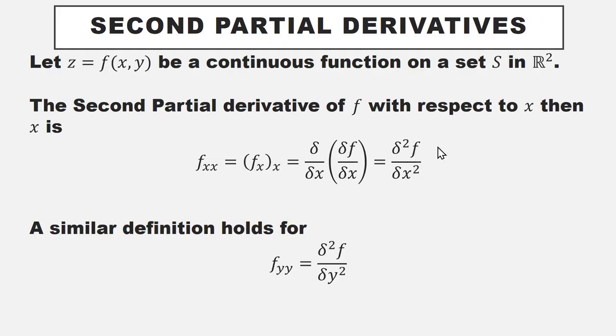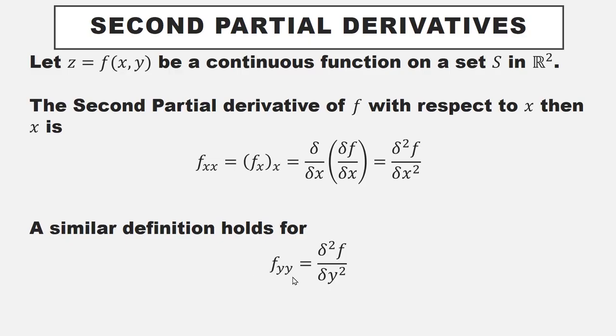So long story short, I take a derivative with respect to x, and then I take another derivative of that resulting function with respect to x. Notationally, it looks like the second derivative of f with respect to x both times. F sub x x.